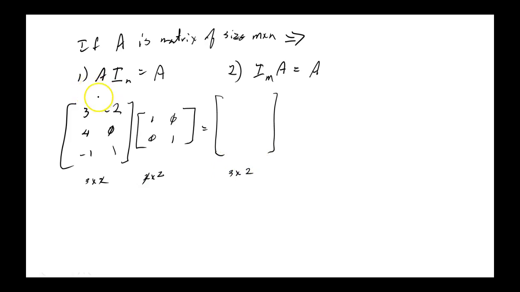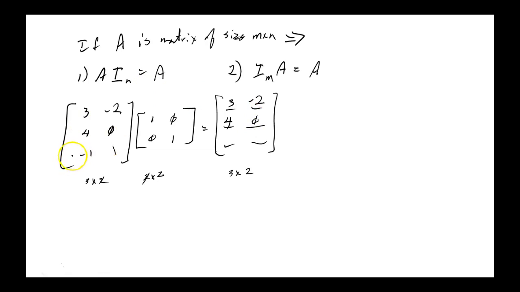Let's see if it is. Actually do the numbers here. The 1, 1 entry will be 3. 1, 2 entry, negative 2. 2, 1 entry, 4. 2, 2 entry, what is it? 0, okay.